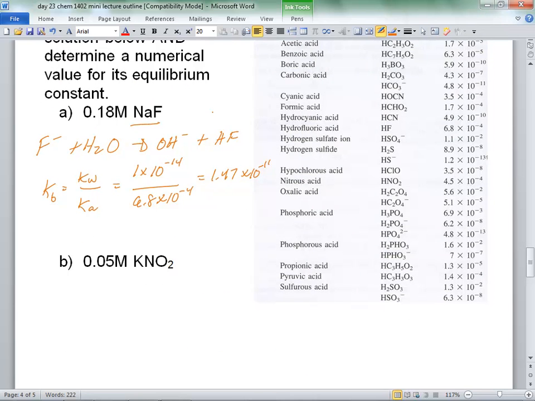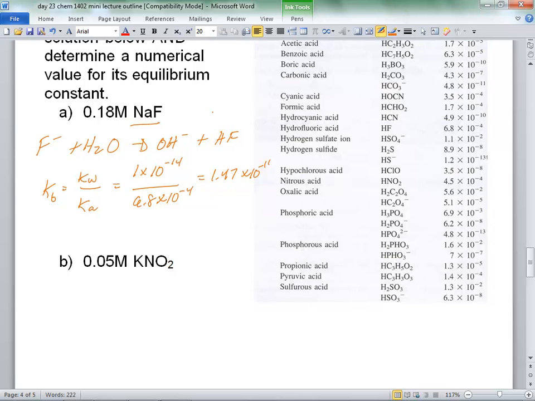So just set up B. We just want a number for Kb. We're not going to go full blown and find pH or anything yet. So just find the number for Kb that you're going to need to solve the question. And Kb is Kw over Ka. Yeah, Kw is Ka times Kb.